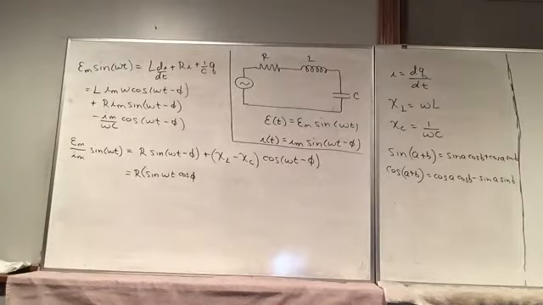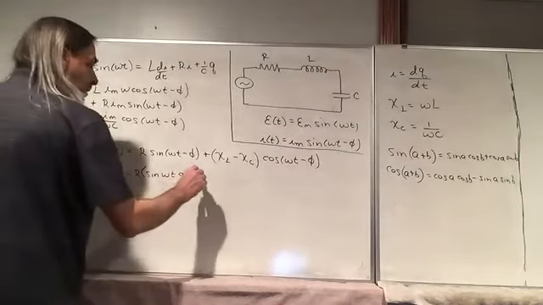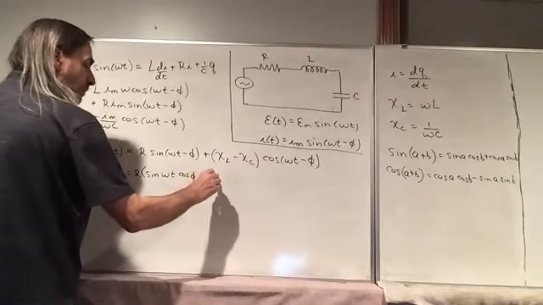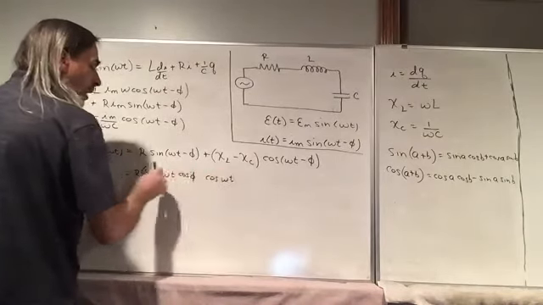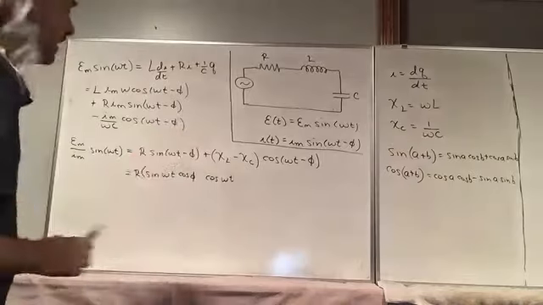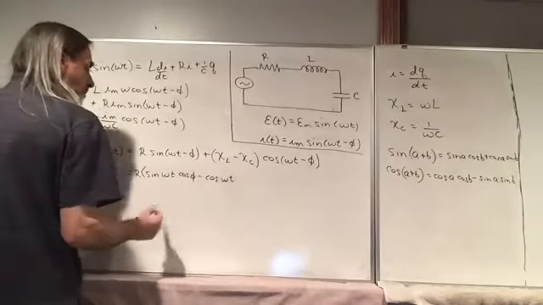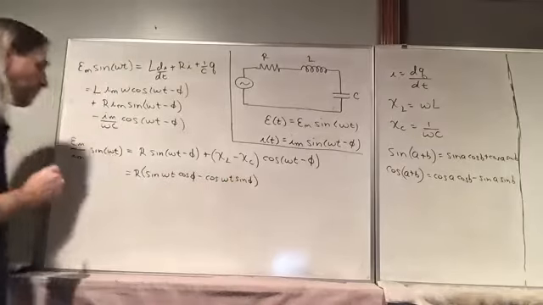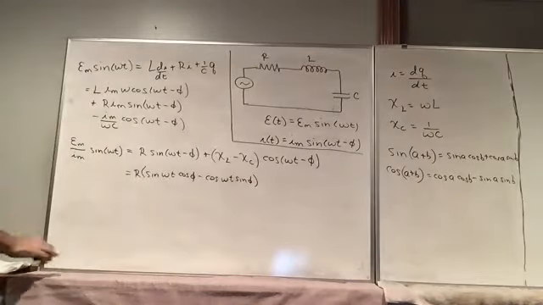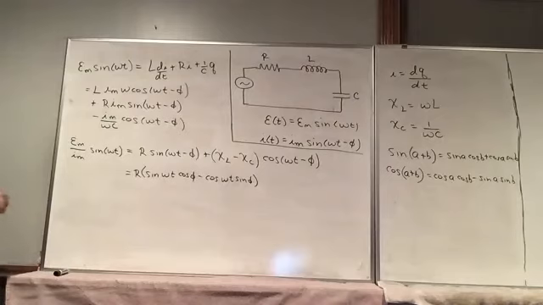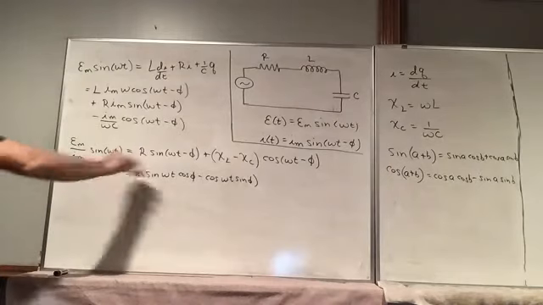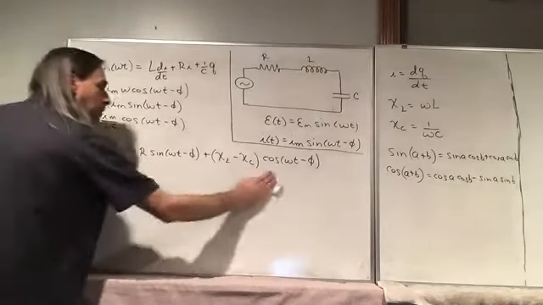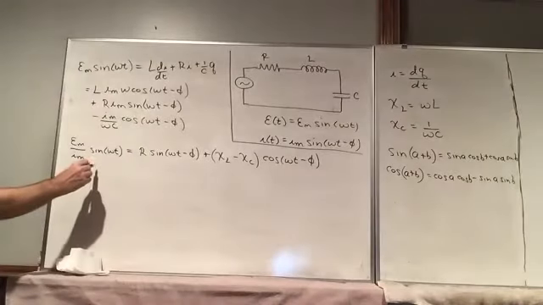And then we have plus cosine omega t and then sine of minus phi, so we do get a minus sign there. So actually, I'm going to have to do what I did before, and I want to fit this all in one line. So let me just move the equal sign over.